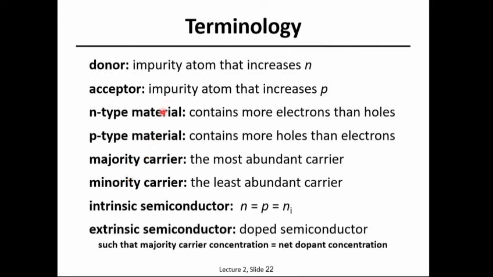In an N-type material, the majority is N and the minority is P. In a P-type material, the majority is P and the minority is N. For an intrinsic material, N equals P equals Ni. For extrinsic material, the pure semiconductor is doped with either a donor or an acceptor, and the majority carrier concentration is the net doped concentration.